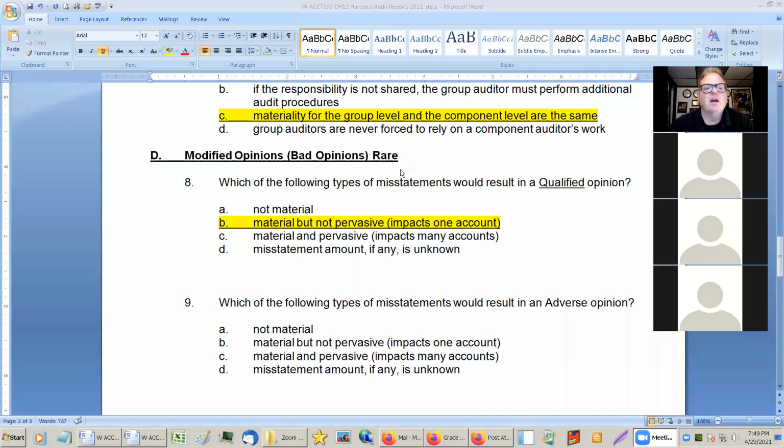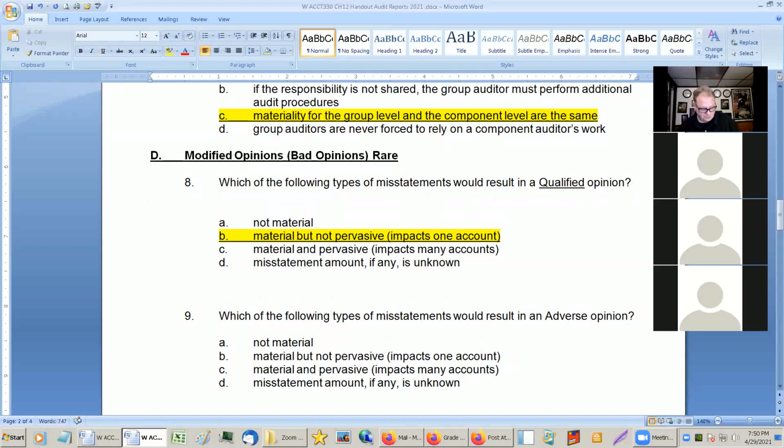And by the way, a qualified opinion is also known as an except for opinion.